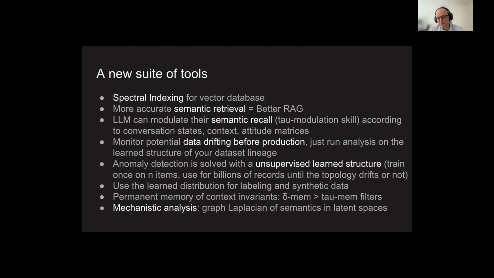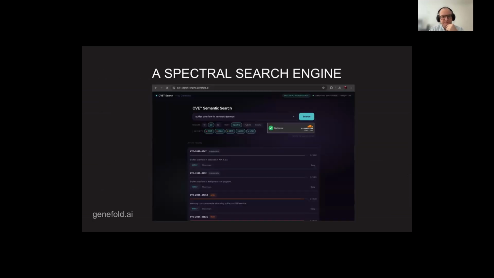We are also trying to make inline associative memory out of tau modulation, something that resembles a delta memory. And above all, we have very nice, very early stage results for mechanistic analysis, for which graph wiring is used to investigate the latent space and how activation takes place in the latent subspace. We build the spectral engines on top of this.